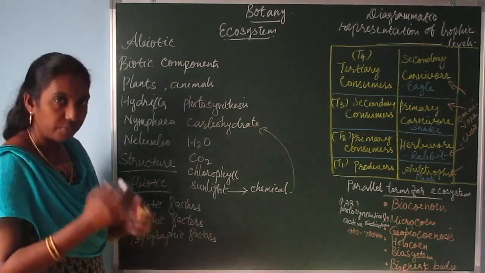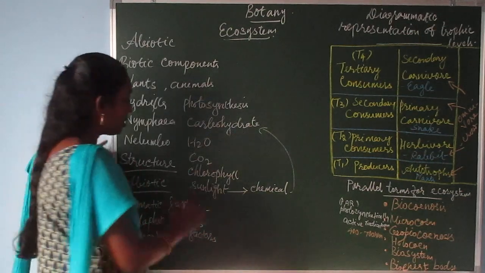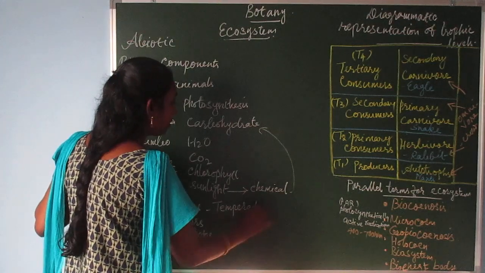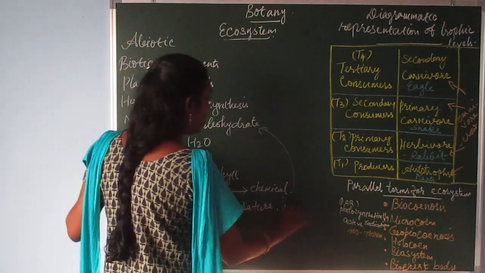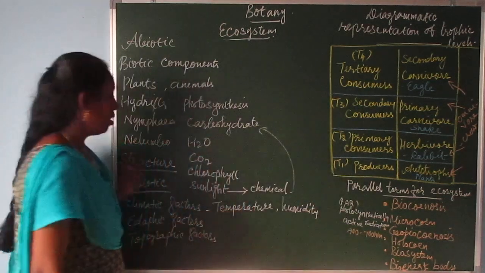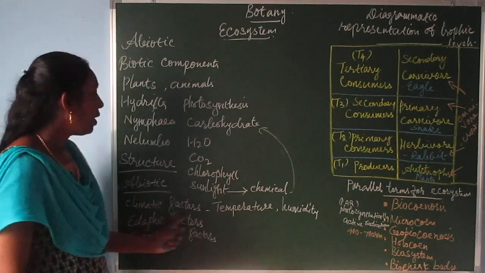Abiotic components include climatic factors. What are the climatic factors? That is temperature, humidity, weather, all of which are climatic factors.